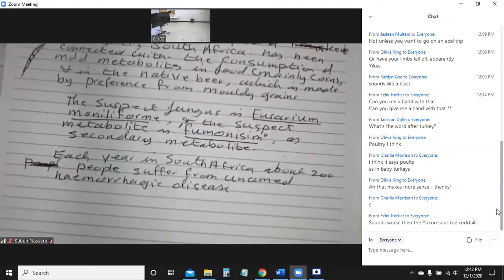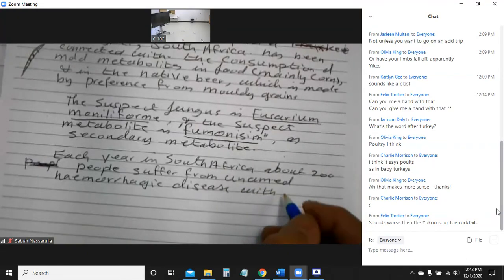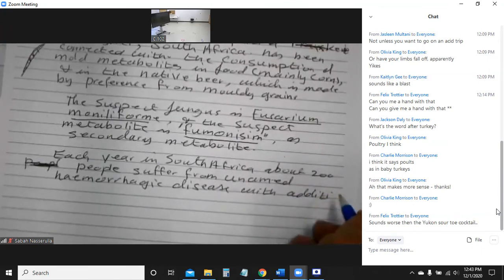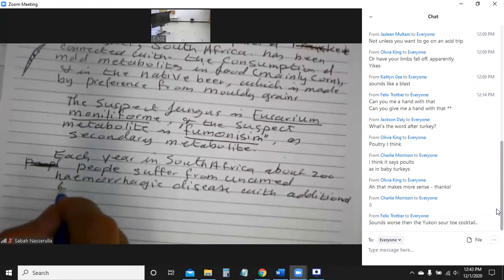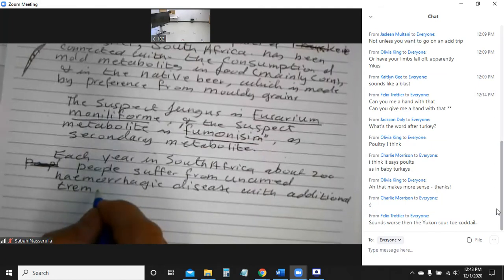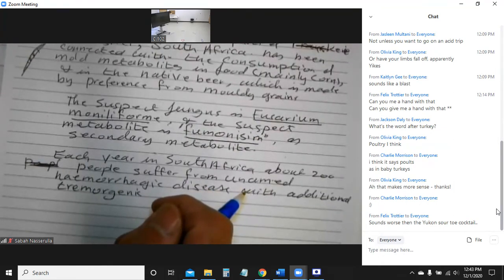Disease, and of course with other kinds of symptoms, with additional teratogenic effects. Teratogenic basically affects, simply it is a kind of neurotoxin that affects the neurons.